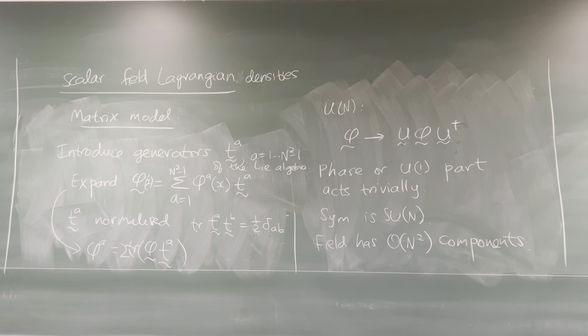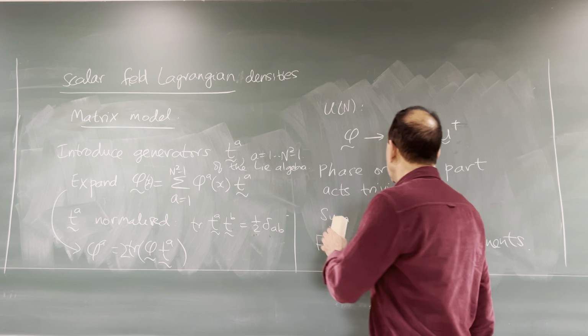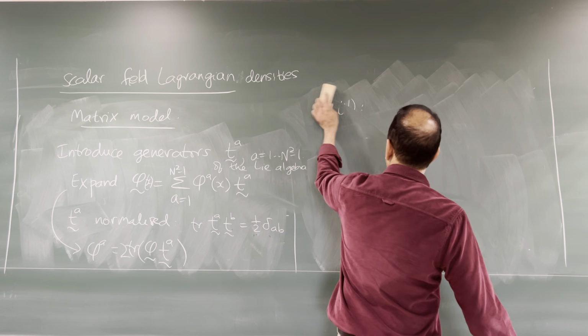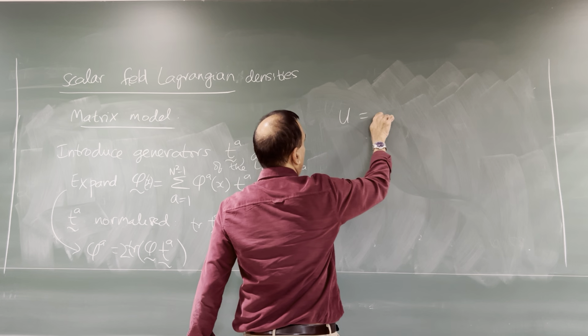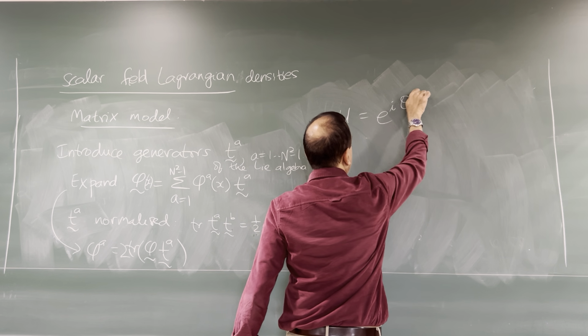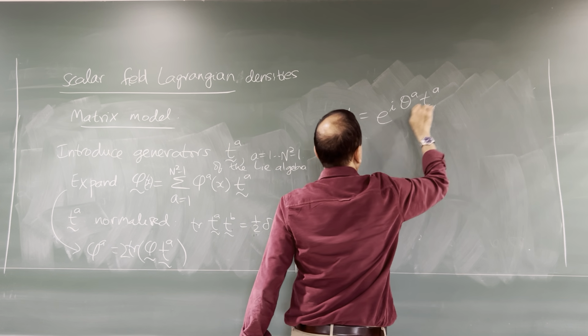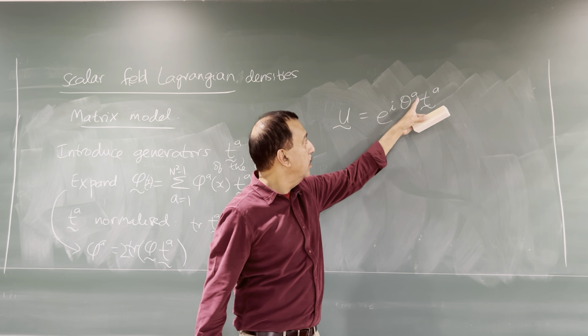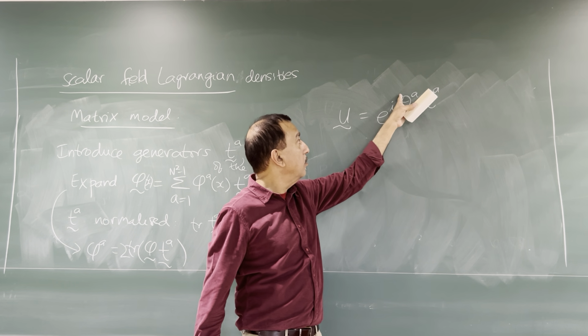Good. Okay. Now there are a few nice relations. I told you that I can parameterize any element of the group as an exponential of the generators. So I write: an element of the group in the fundamental representation is the exponential of the generators times some parameters.